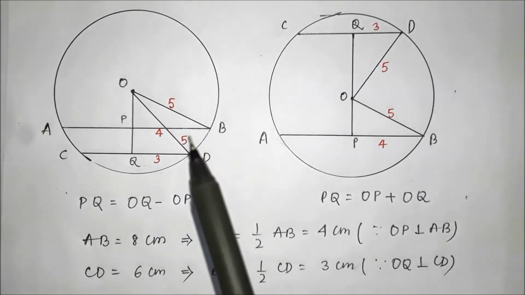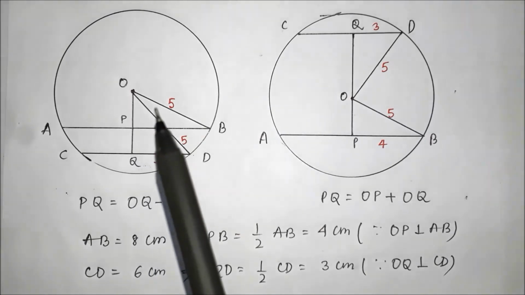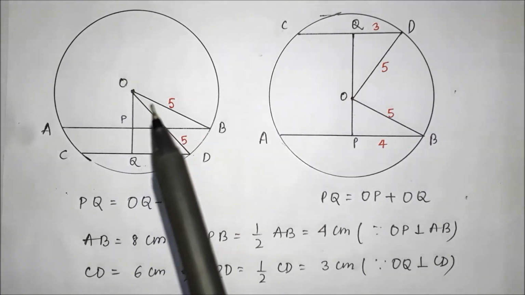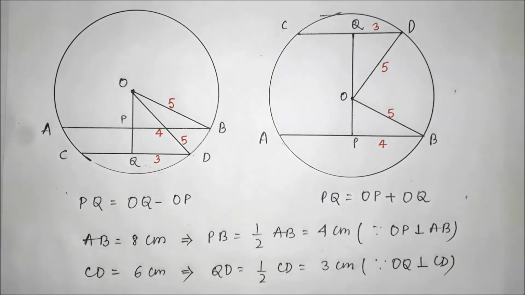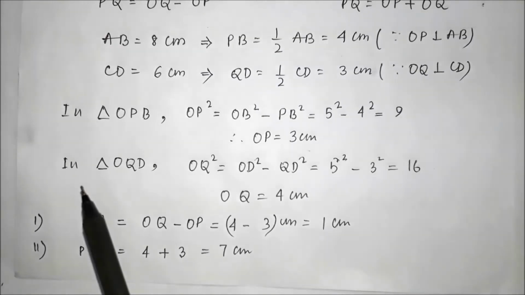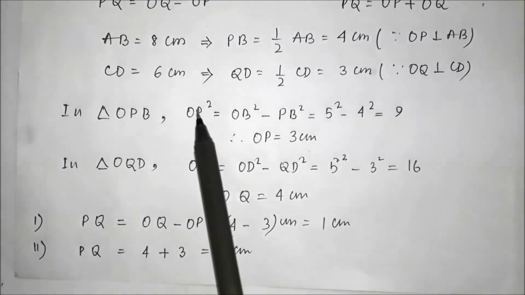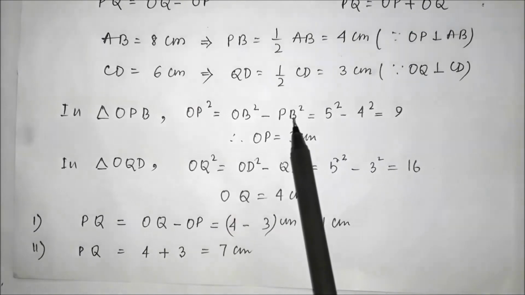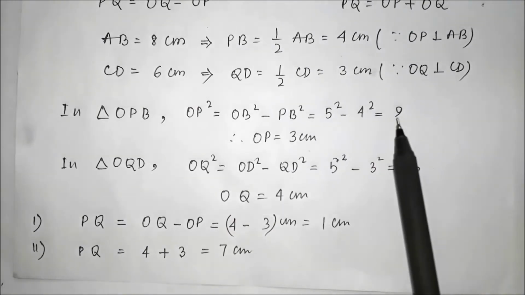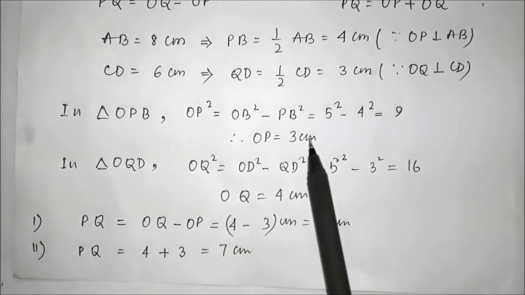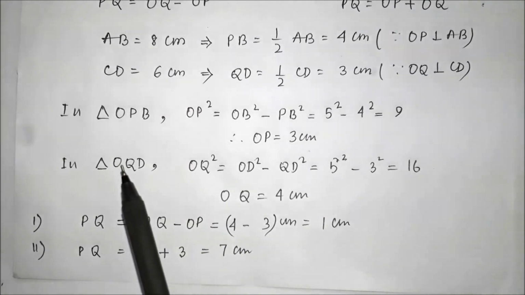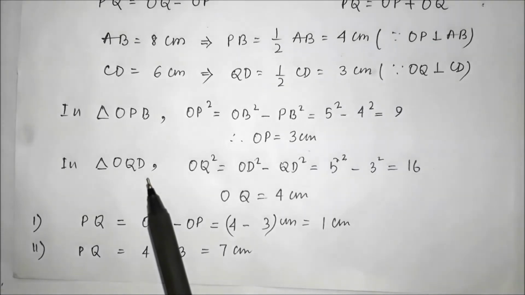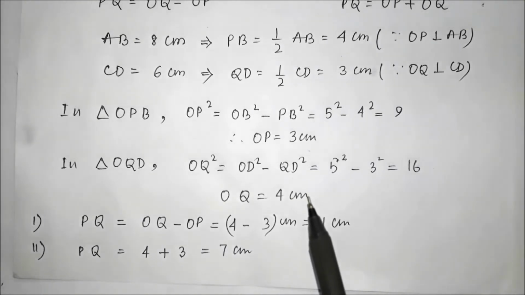Now I am going to apply the Pythagoras theorem on both the right angle triangles and find OP and OQ. In triangle OPB, applying Pythagoras theorem, OP square equals OB square minus PB square. If you calculate, you will get the value of OP as 3 centimeter. Similarly, if you apply Pythagoras theorem on triangle OQD, you will get OQ equal to 4 centimeter.